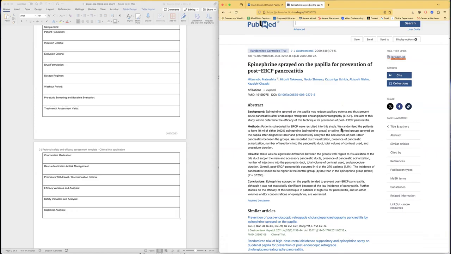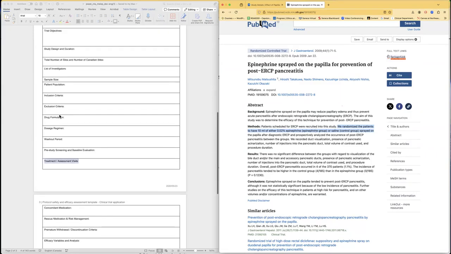Now I see that they say that they randomized the patients to have 10 milliliters of either 0.02% epinephrine or saline. So here, that's the dose that we were searching for in the PSEAT form. So now you see that we can access some published literature, or we can always access some information related to the protocol itself.